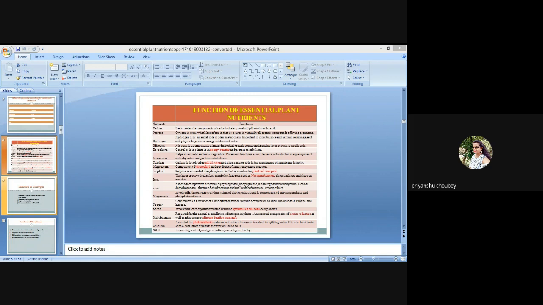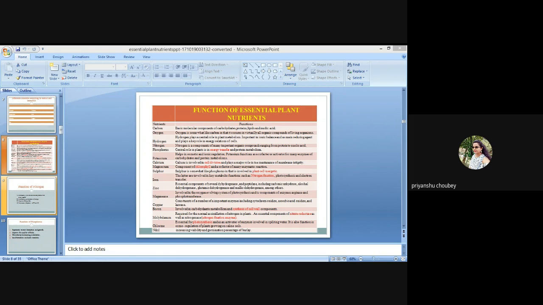Of these, carbon, hydrogen, and oxygen are met from air and water. The rest are absorbed from the soil by plant roots. Based on quantity, nitrogen, phosphorus, potassium, calcium, magnesium, and sulfur are classified as major nutrients, and iron, manganese, zinc, copper, nickel, boron, and chlorine as micronutrients.